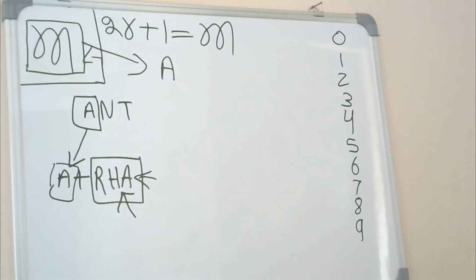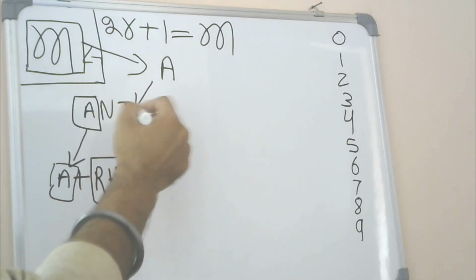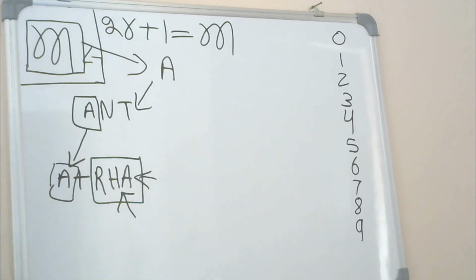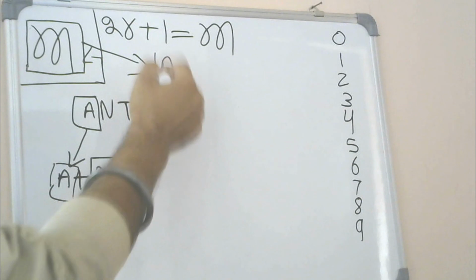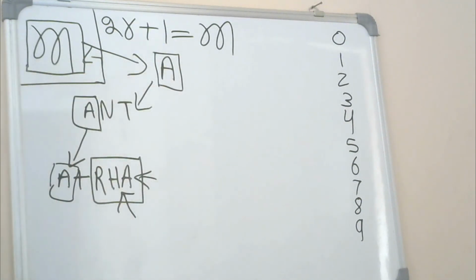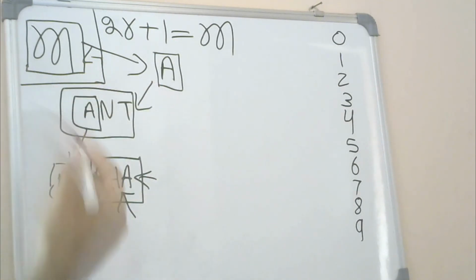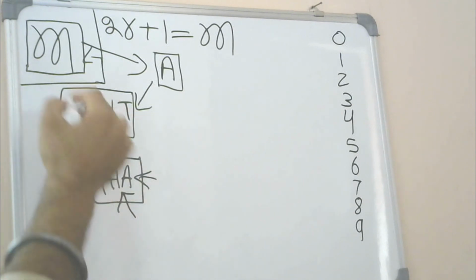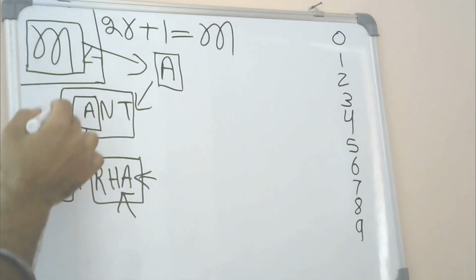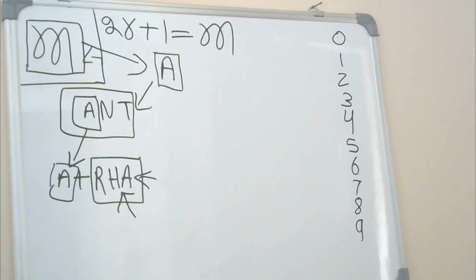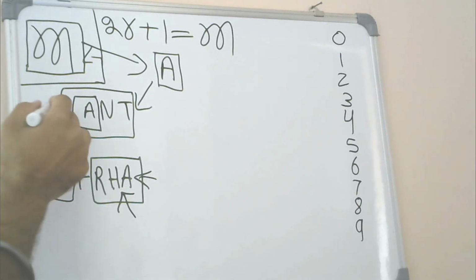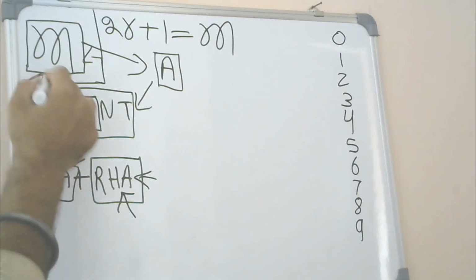We can have examples. The first example will definitely be this, and it is sounding different than what we discussed here. Here I said the sound will be A, but this will be the sound of A. So it is actually correct that if I want to write ant, then I will be using this word.